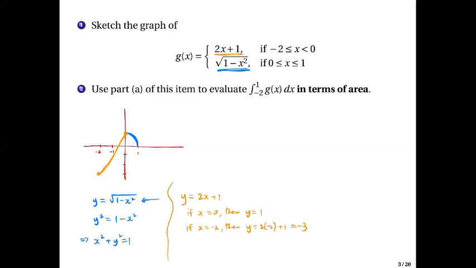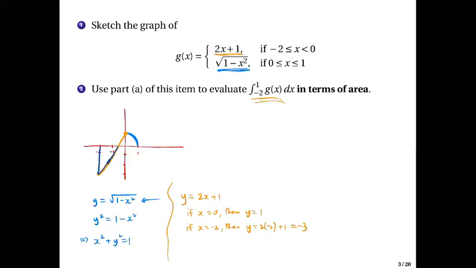So what is the region being considered? It's between the function and the x-axis. So the region will be this part here.